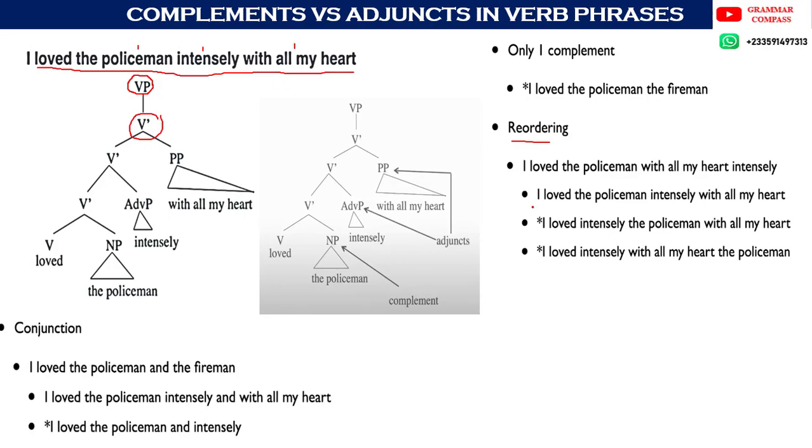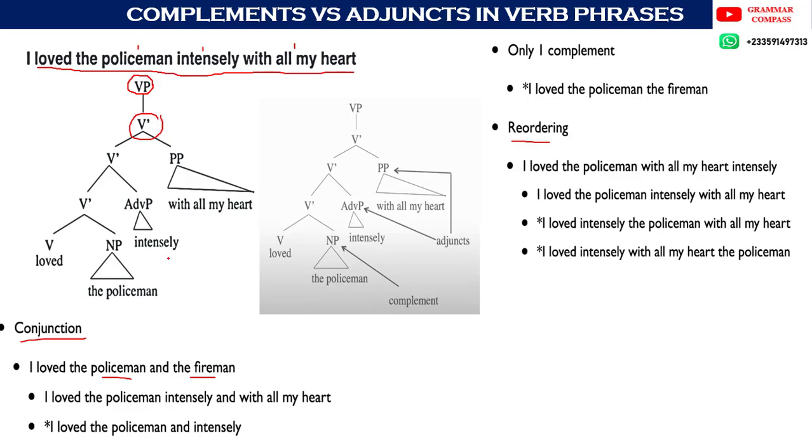Now, the next way to determine this is using the conjunction test. You can conjoin complements to complements, and you can conjoin adjuncts to adjuncts, but you cannot conjoin complements to adjuncts. So for example, if we are saying that the policeman is a complement, then we can conjoin a complement to a complement. For example, we can say, I loved the policeman and the fireman.